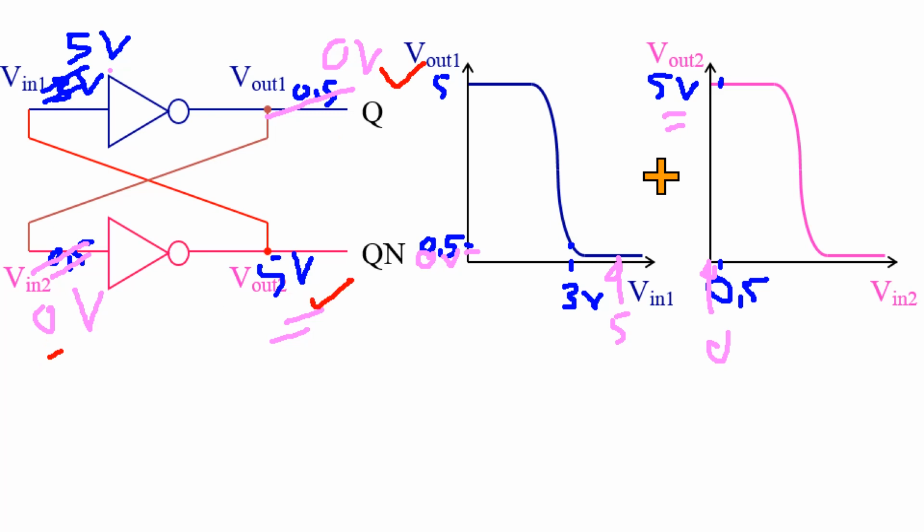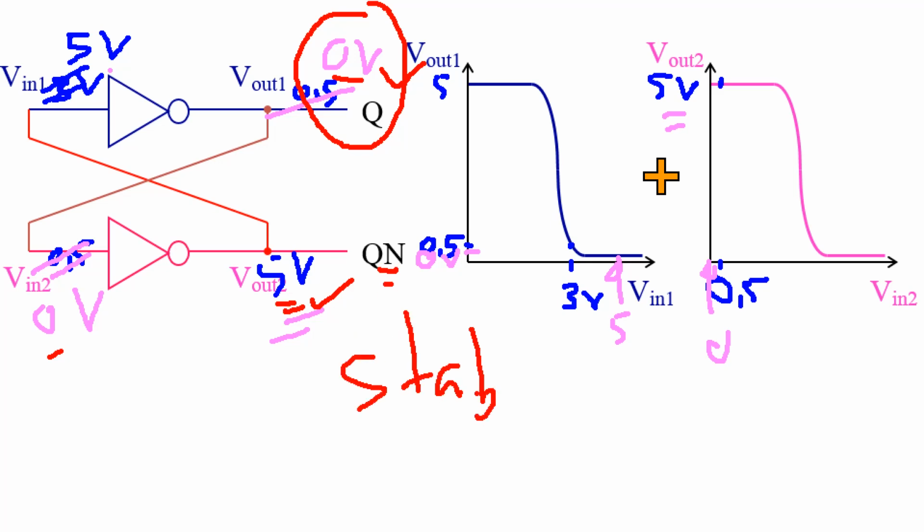Now nothing changes, it's stable at this state. Namely, Q is 0, Qn is 5. The operating point for this one is maybe this point, and for this one, maybe this point. Stable here.